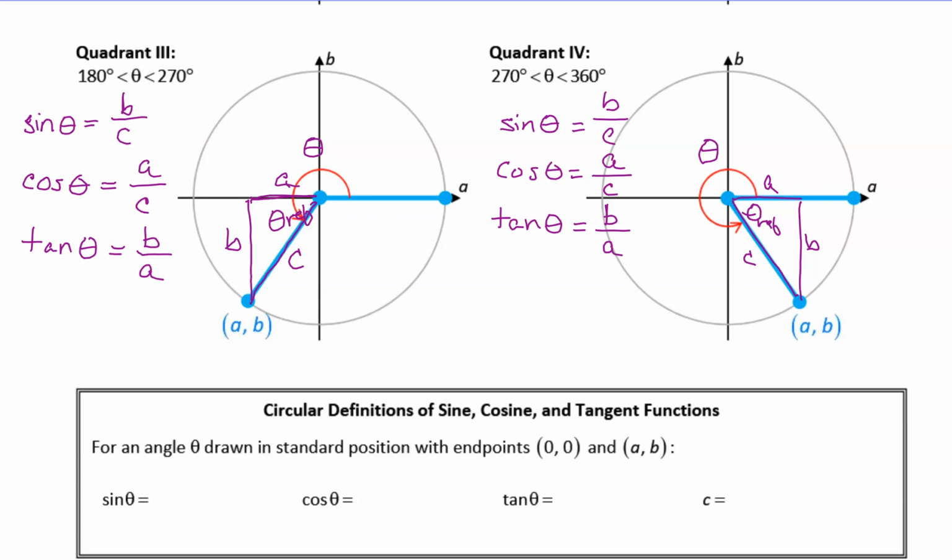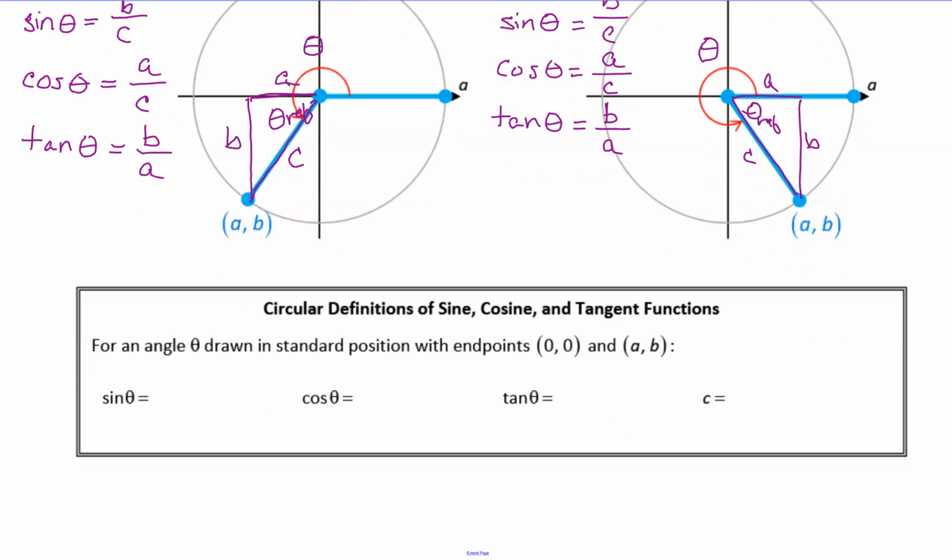So let's generalize this. For an angle drawn in standard position with endpoints 0, 0, or the origin, and a comma b, the sine of theta is b over c, or the vertical side over the hypotenuse.